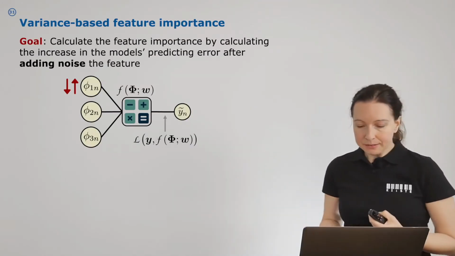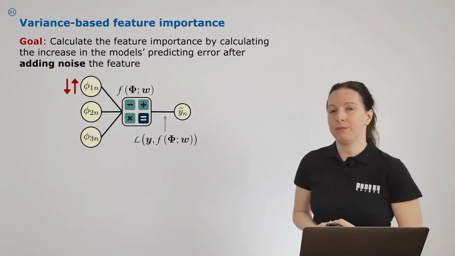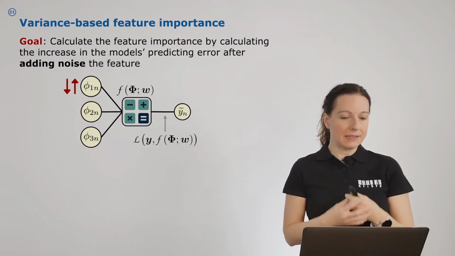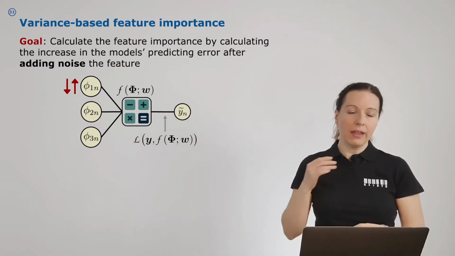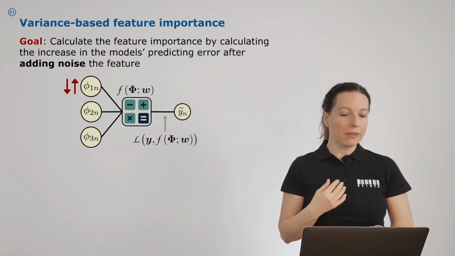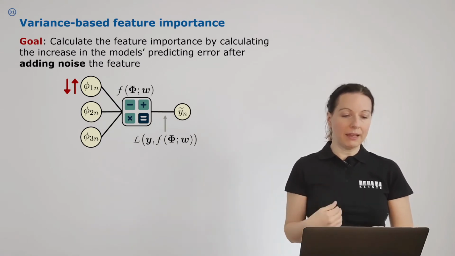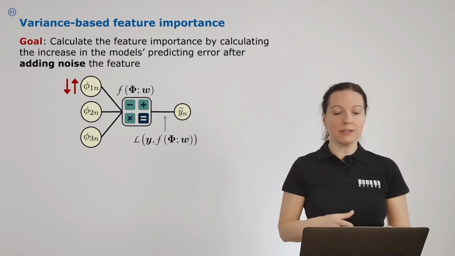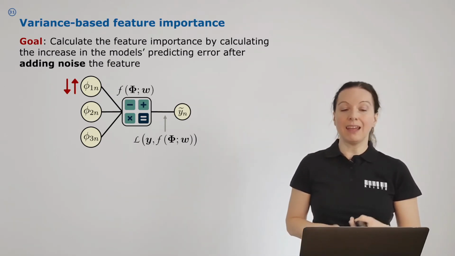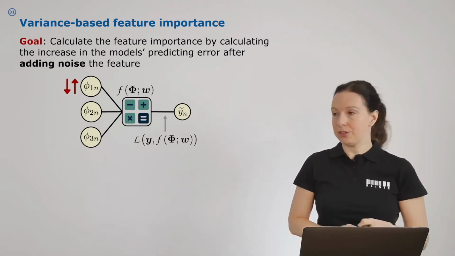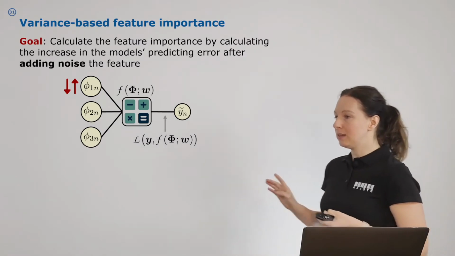Another possibility to compute feature importance is the variance-based feature importance. This is a very easy method, and here the goal is to calculate the feature importance by calculating the increase in the model's prediction error after adding noise to the feature. This is illustrated again here.